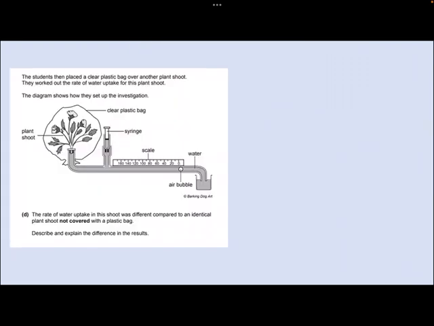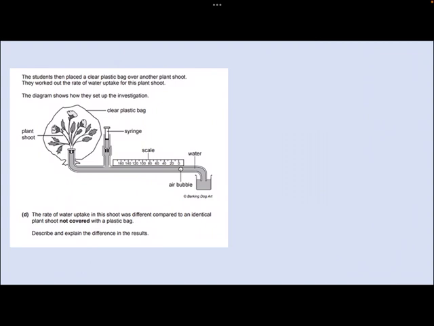The students then placed a clear plastic bag over another plant shoot. They worked out the rate of water uptake for this plant shoot, and the diagram shows the setup. The rate of water uptake in this shoot was different compared to an identical plant shoot not covered with a plastic bag. Describe and explain the difference in the results. So the plastic bag would make the conditions inside more humid.